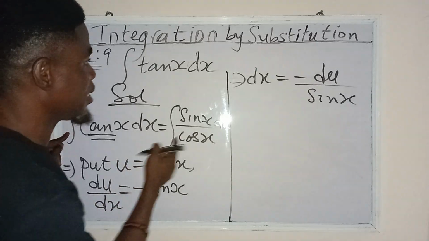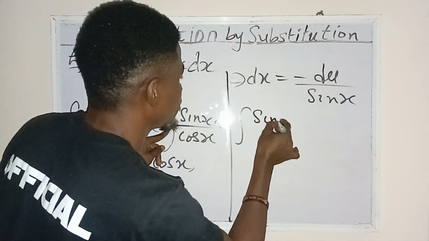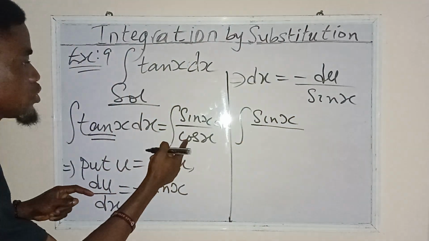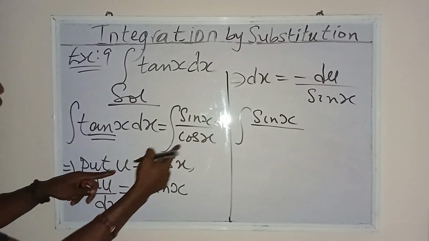Just come back here as integral sine x divided by cos x. We said cos x is u.